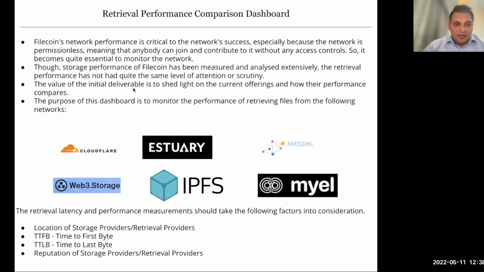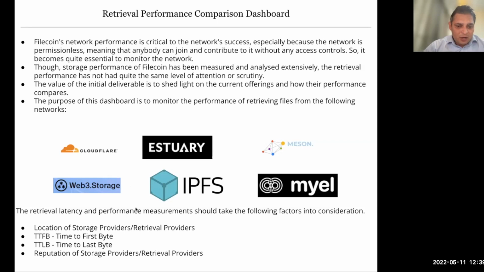The value in this is to compare all these different storage providers and find out the performance based on various metrics. The storage providers that we are planning to cover in this project are Cloudflare, Estuary, Meson, Web3 Storage, IPFS, Mail, and as we move forward, if there are new storage providers, we'll include them also.